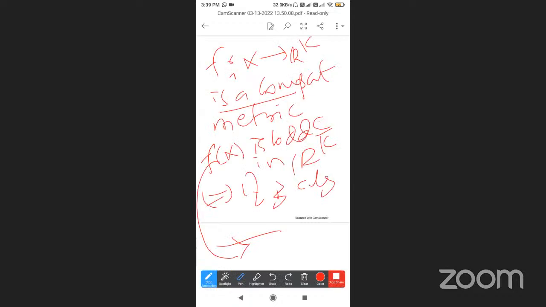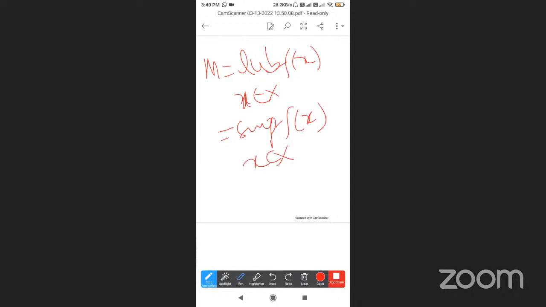Next is 5.3.3. If F is a continuous real function on a compact metric space X, this is the theorem statement.